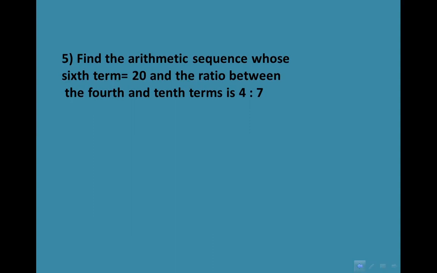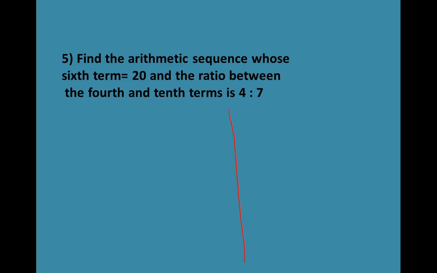Find the arithmetic sequence whose sixth term equals 20 and the ratio between the fourth and the 10th term equals 4 to 7. It is required to find the sequence whose sixth term equals 20.